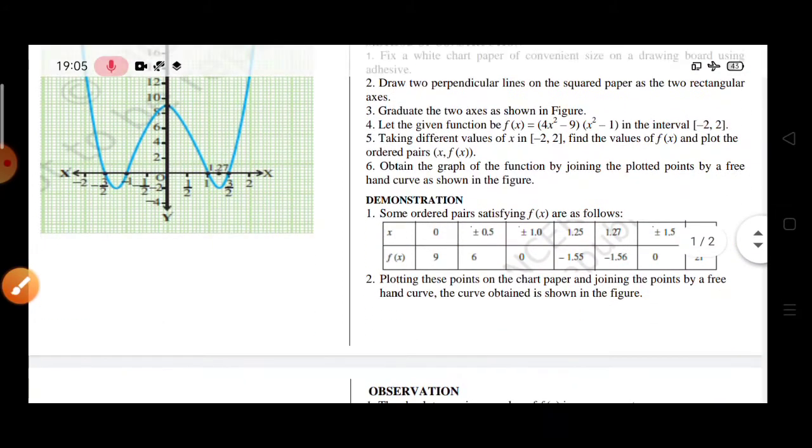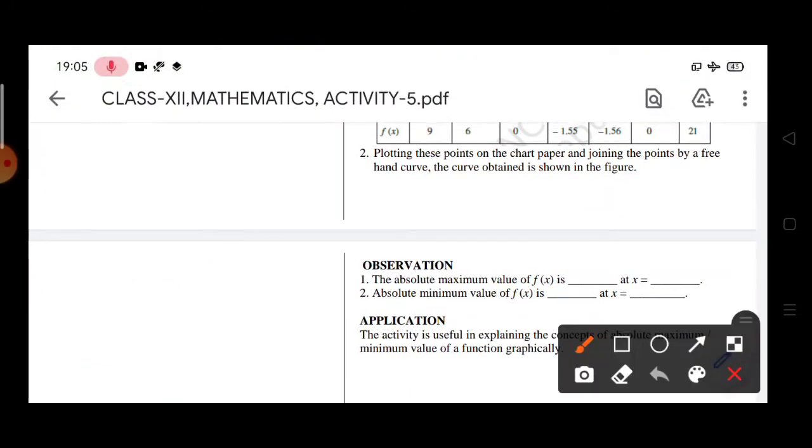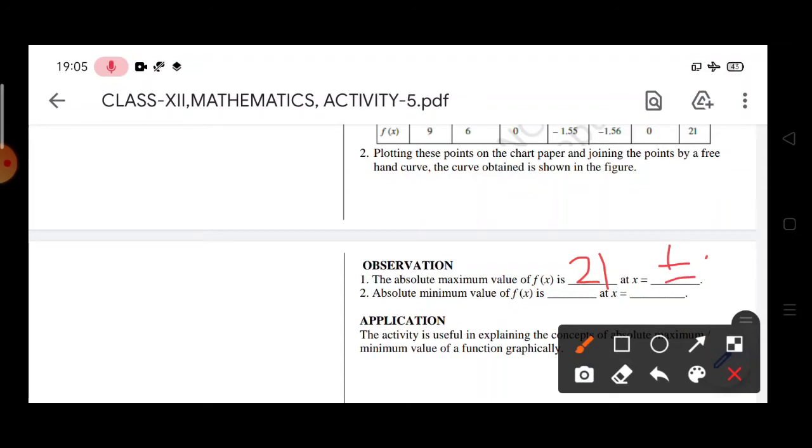So here we can write the observation: the absolute maximum value of f(x) is 21 at x equals ±2, and the absolute minimum value of f(x) is where?